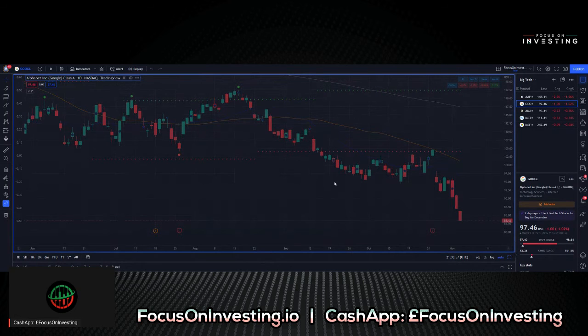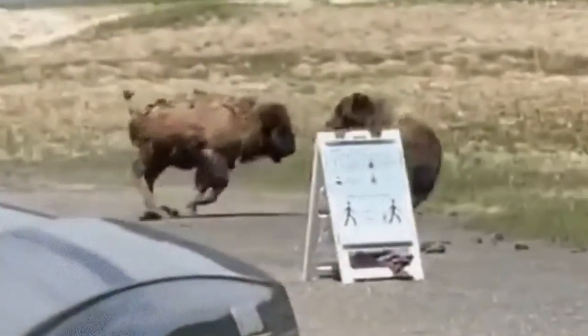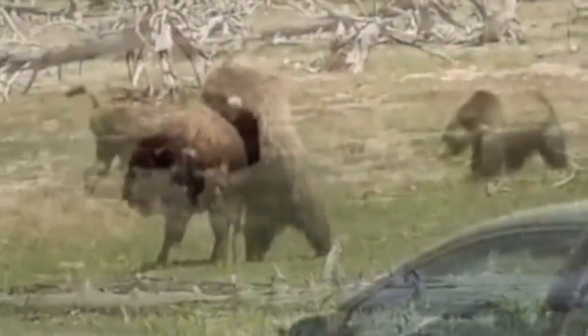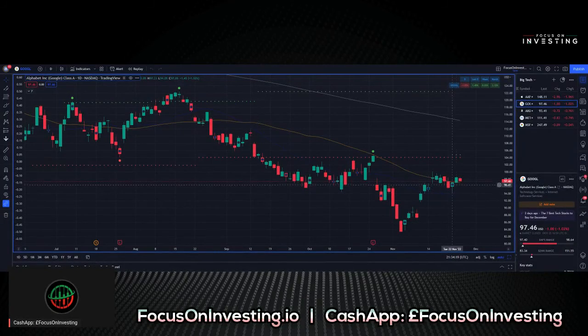You're going to see some green, a bit of red, a bit of green, a bit of red. So again, we're having a bull and a bear fight. We're having the bulls and the bears fighting back and forth with each other. So again, this is indicating that there is no clear trend.